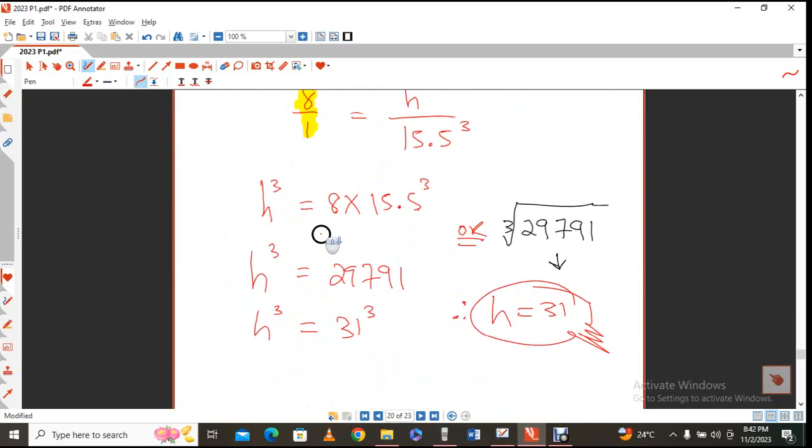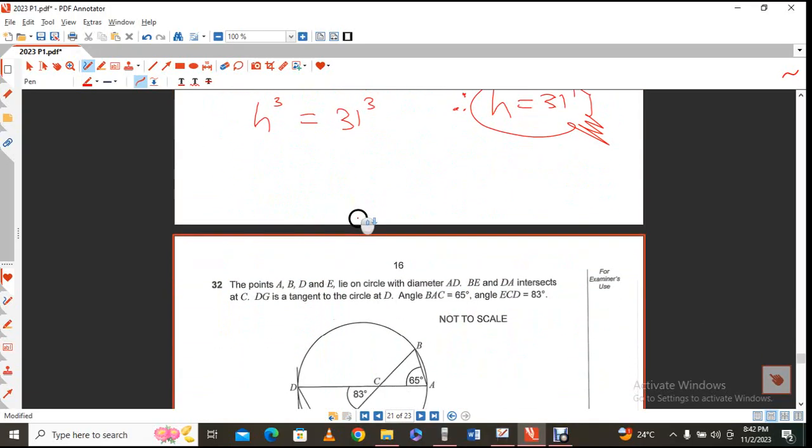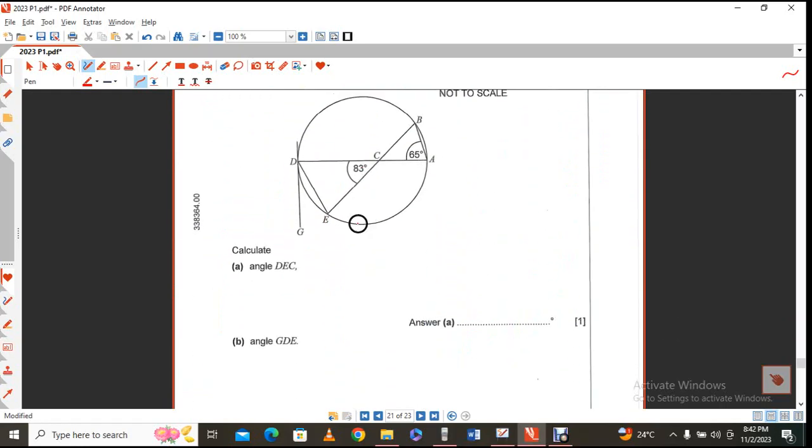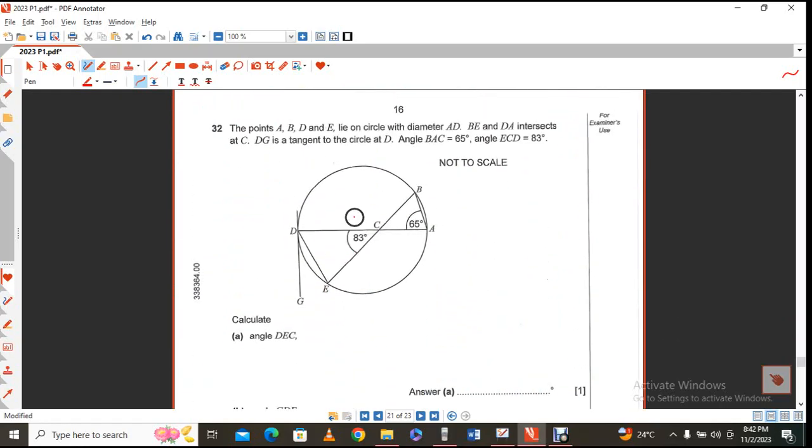All right, good. Let's go to question 32. Remember, I said you can always pause the video, and that allows you to find the answers. Angle DEC. So we have points A, B, D, and E. They lie on the circle. Diameter is AD, very important.